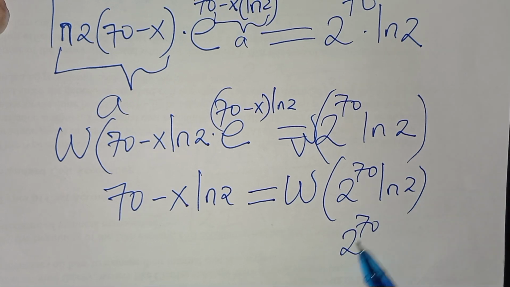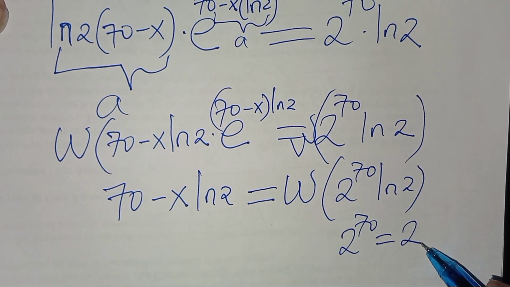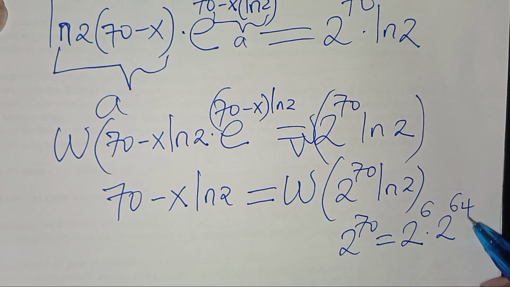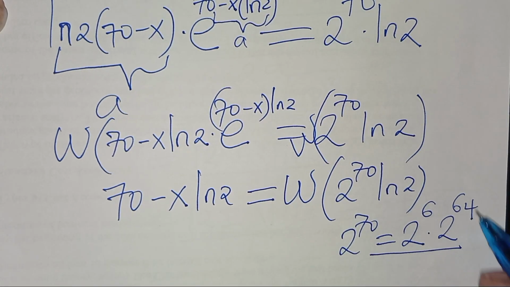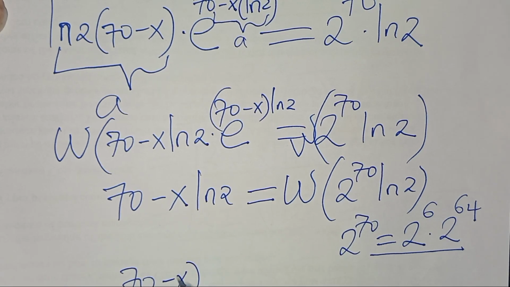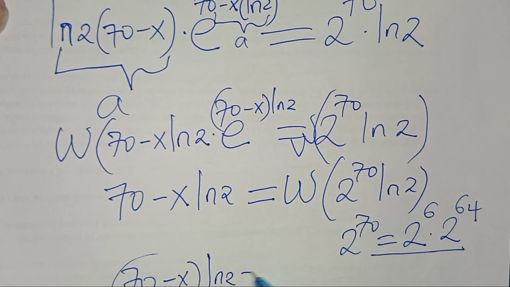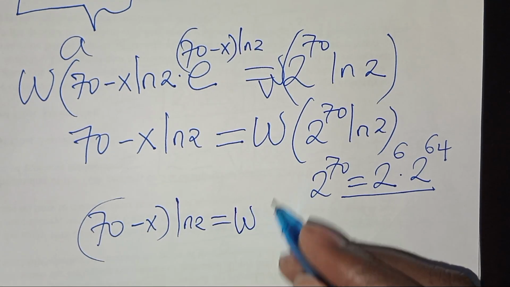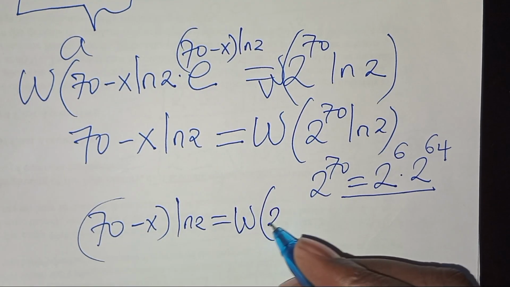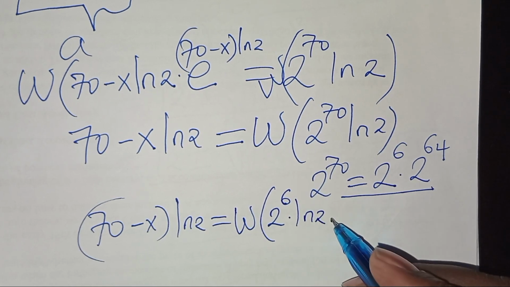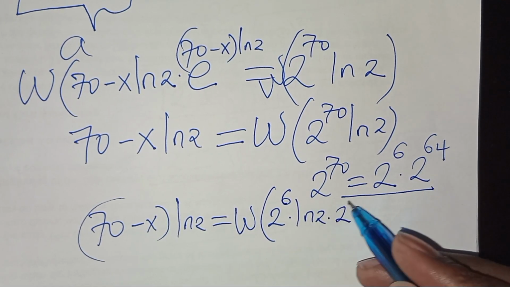Now express 2 to the power 70 as 2 to the power 6 multiplied by 2 to the power 64. Let's substitute this. We'll have 70 subtract x ln of 2 equal to the W function of 2 to the power of 6 multiplied by ln of 2 multiplied by 2 to the power of 64.